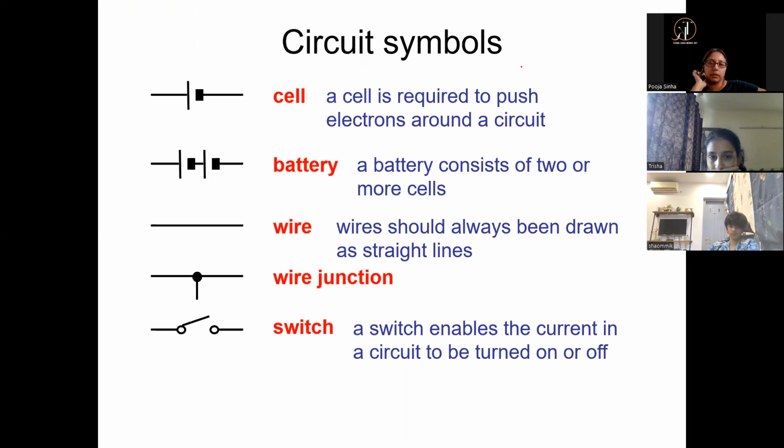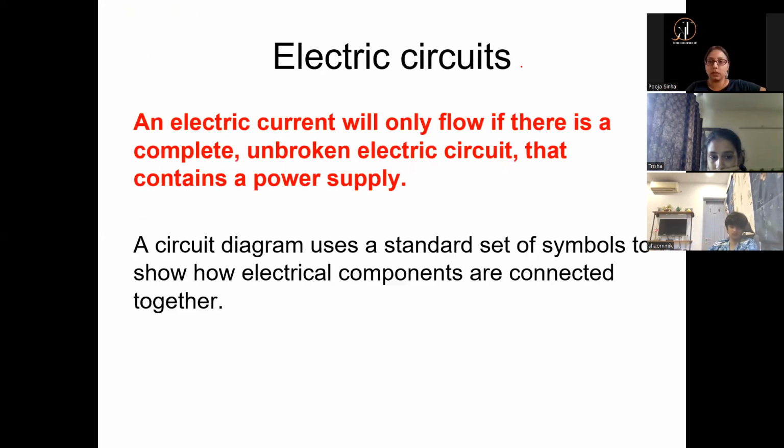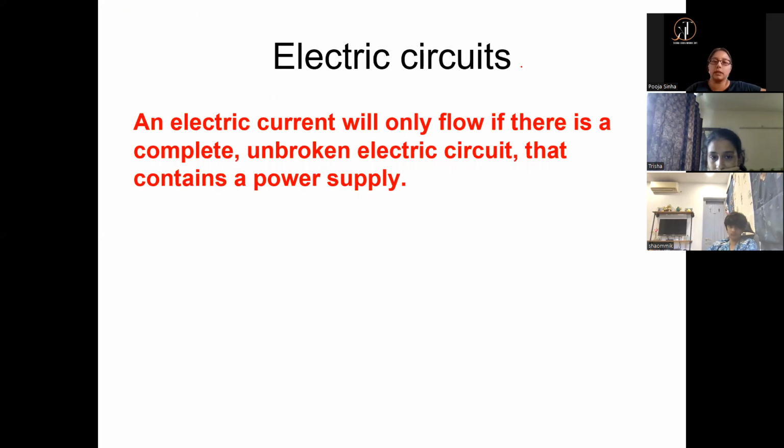So quickly draw this. Now we're going to move towards electric circuits, and I'm going to ask you a few things. What is an electric circuit? It's like a loop. Circuit is a loop.